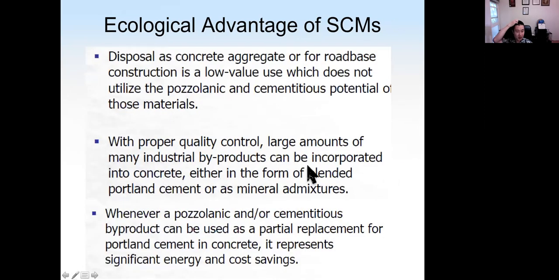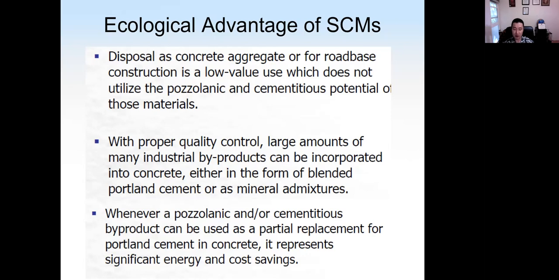We could dispose of these materials as concrete aggregate, such as sand, for road-base construction, but this is a low-value use because we do not fully utilize its pozzolanic properties. So we do not replace cement with these materials. With proper quality control, a large amount of these materials can be used to replace cement or used as blended Portland cement as mineral admixtures.